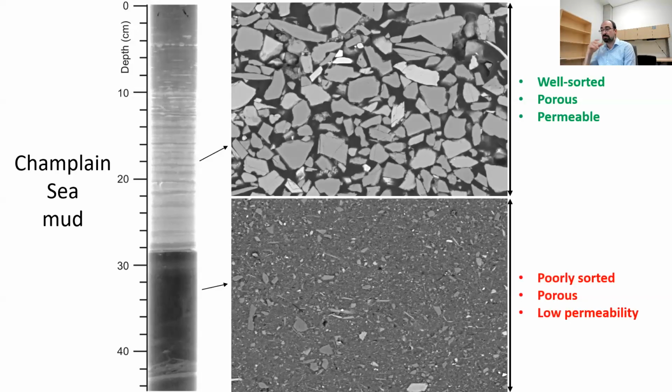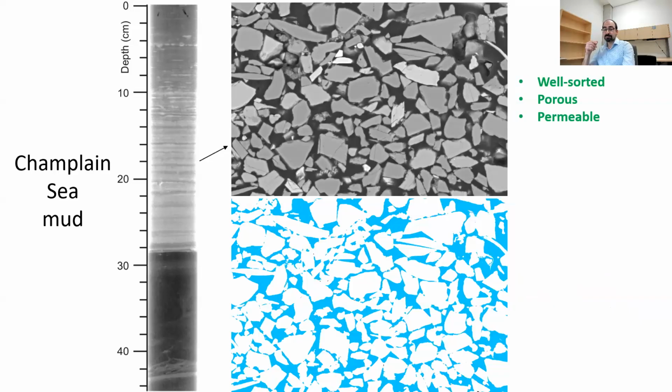We know it's porous because the porosity of the sediment is about 60 to 70%, but it has low permeability. So it is the texture which may lead to local zones of enhanced water flow, like in the example of this silt-rich, well-sorted, porous and permeable sediment.